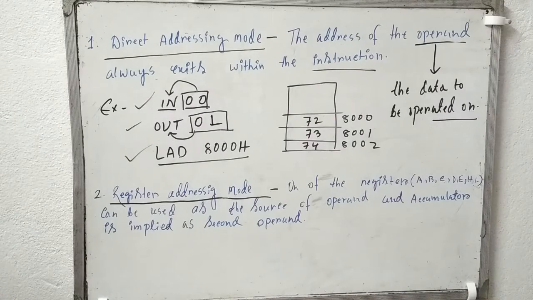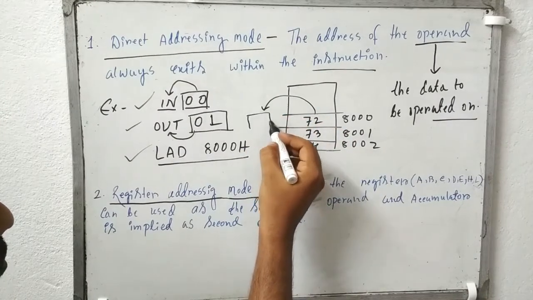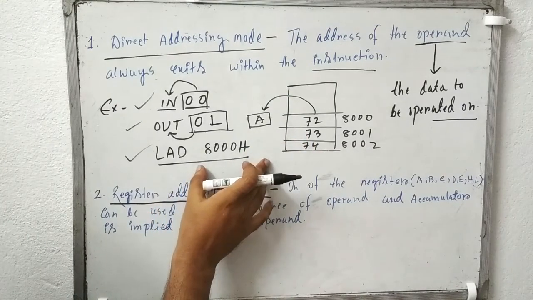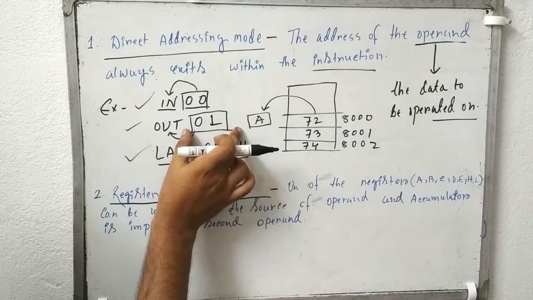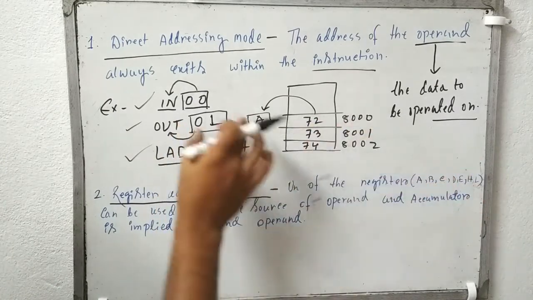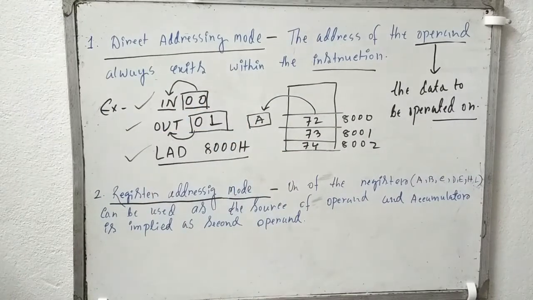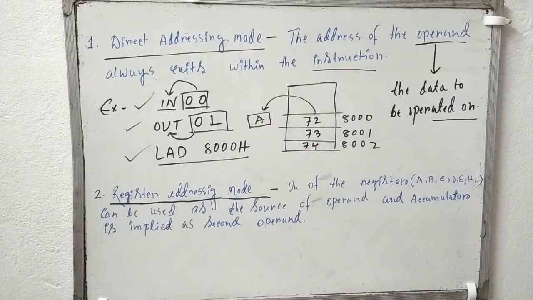So this is the address from where the data is to be read, and this is the instruction.